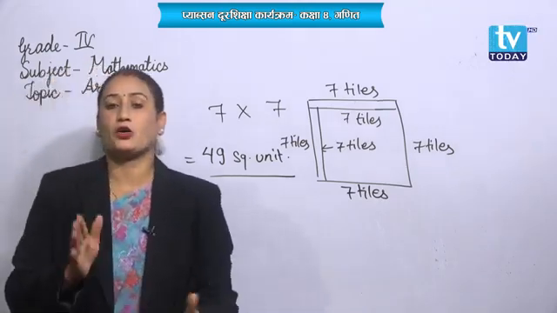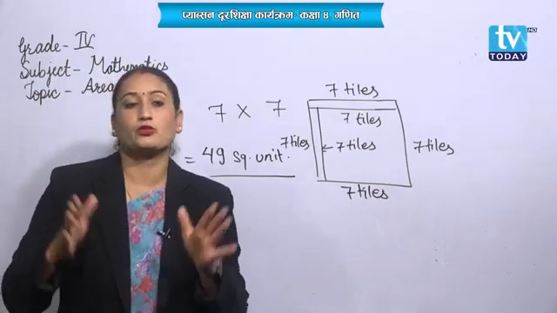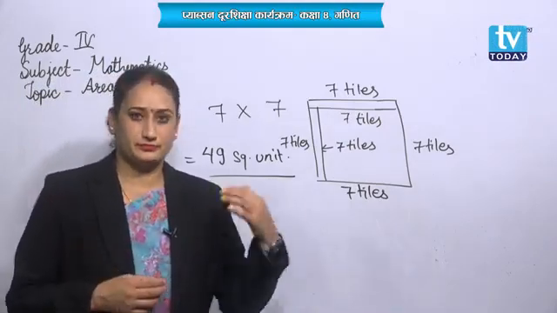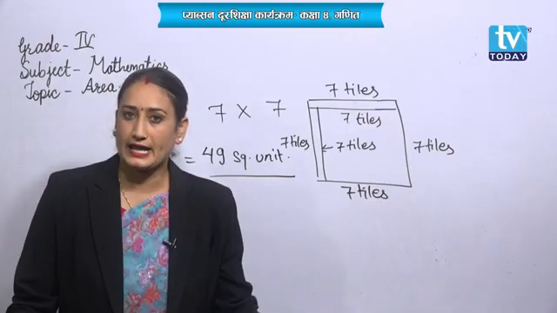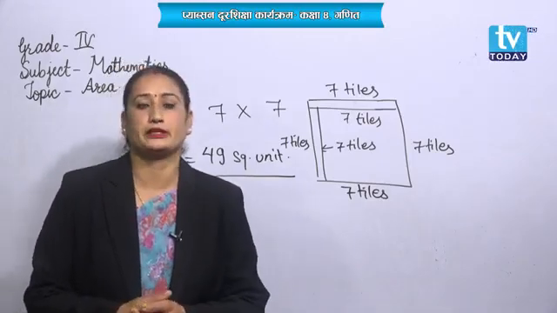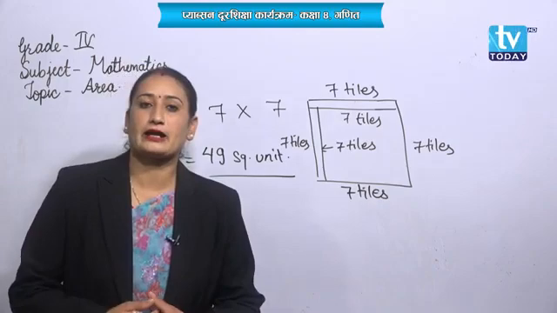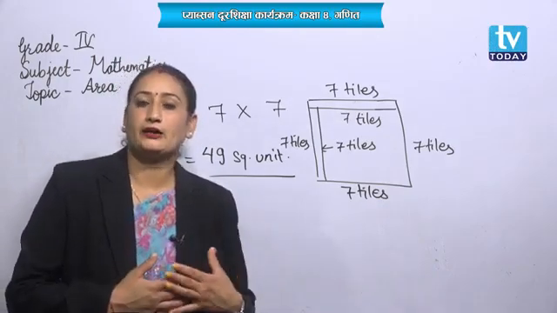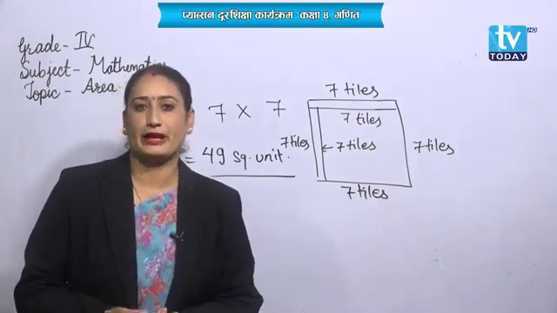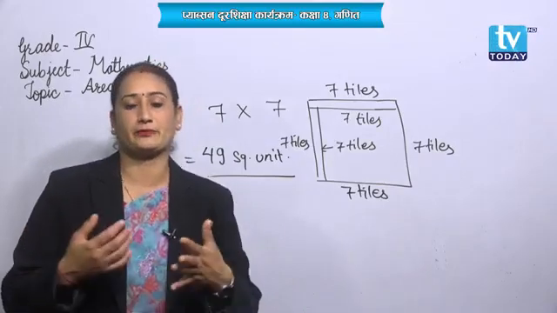Then after measuring the length and breadth of your room, you can find out the area of your room by multiplying the length and the breadth.